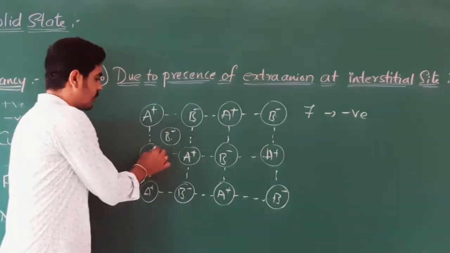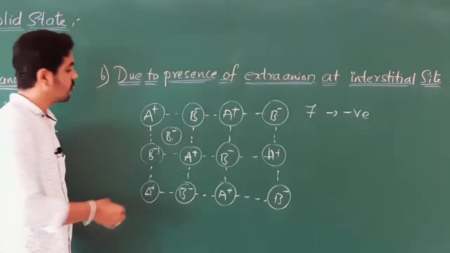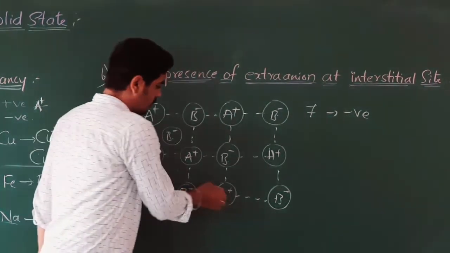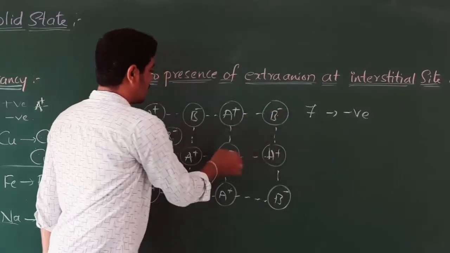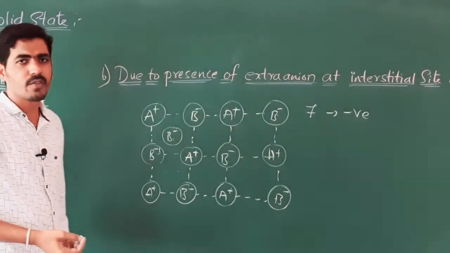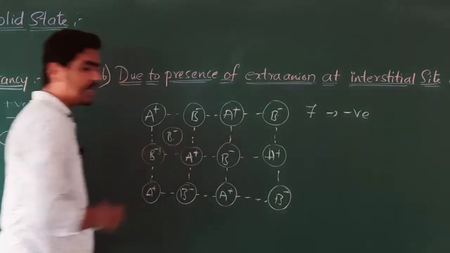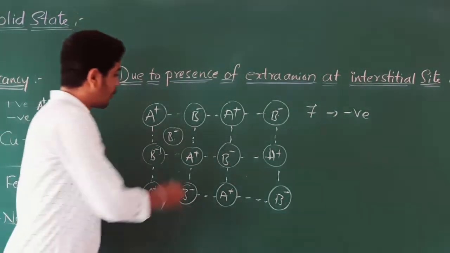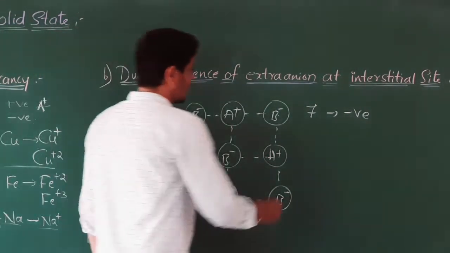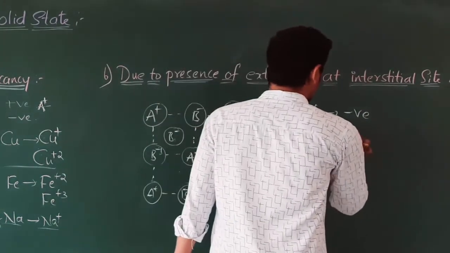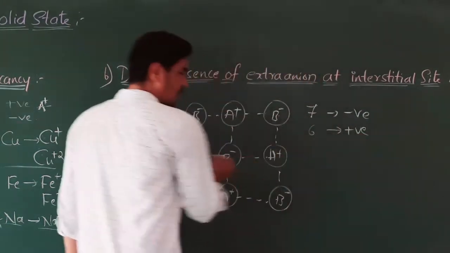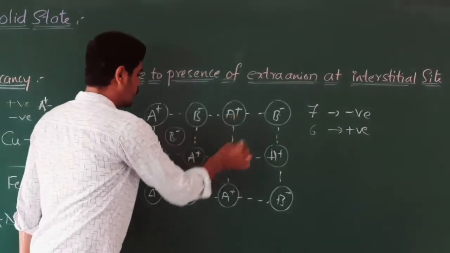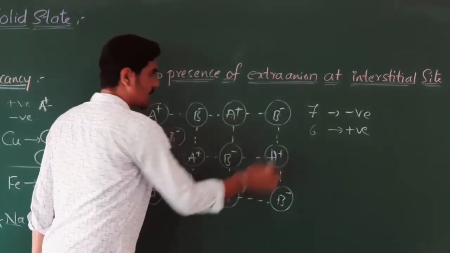Okay, if it has -2, then you have to count 2, 1, 3, 4, 5, 6, 7 like that. Okay, so totally 7 negative charges are there. And how many positive charges are there? There is a presence of 6 positive charges. You can count here 1, 2, 3, 4, 5, 6.